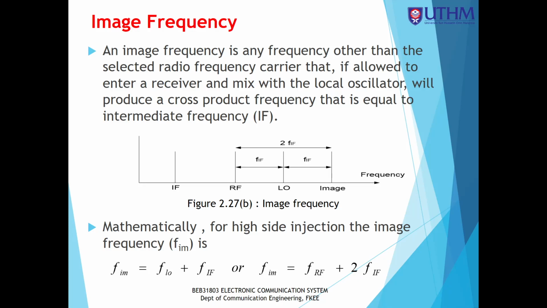You have learned about cross product in chapter 2. Remember in chapter 2, mF1 plus minus nF2. So if the cross product equals the intermediate frequency, it will produce an image frequency, which is not good.